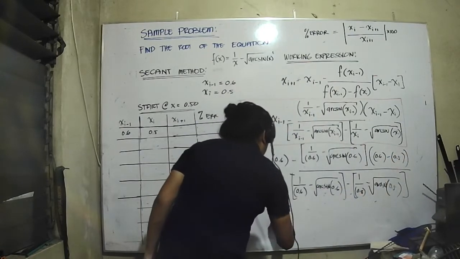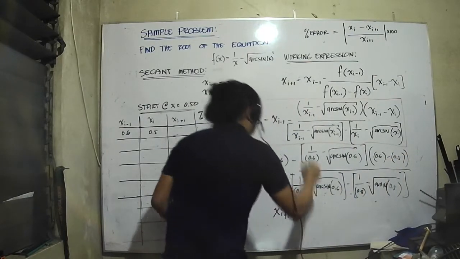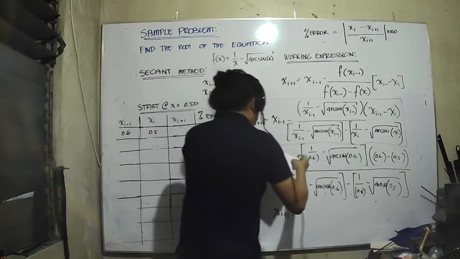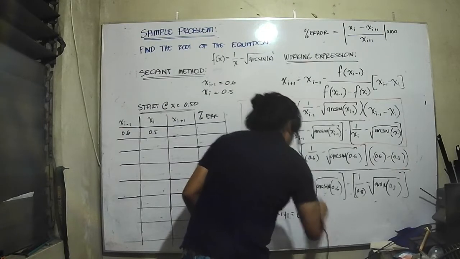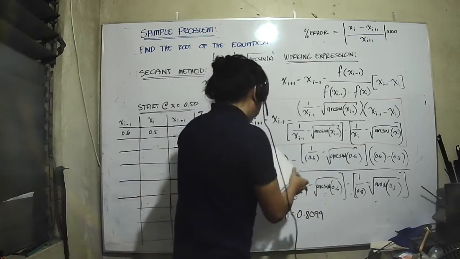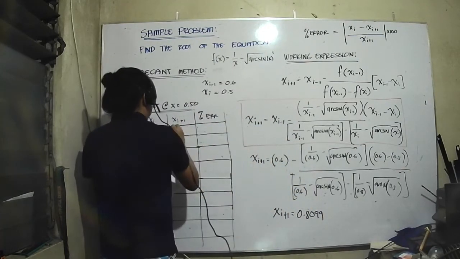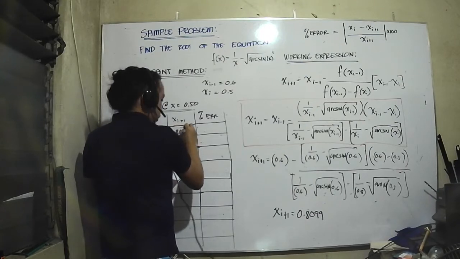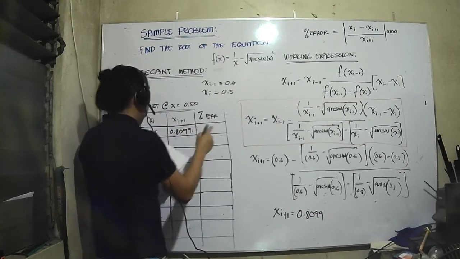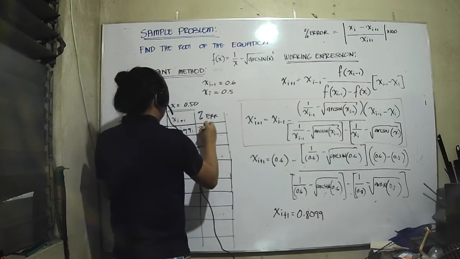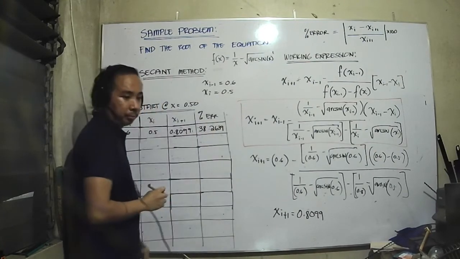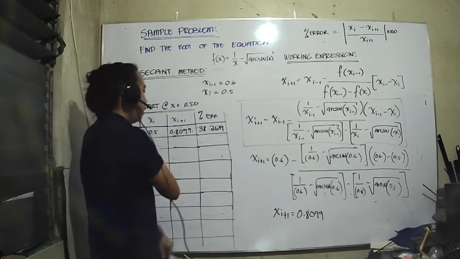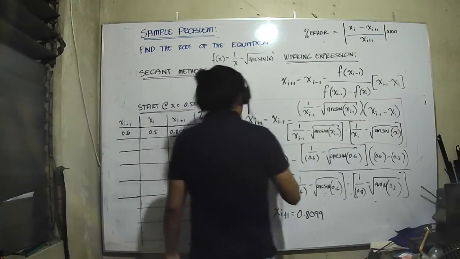What I would get here is equal to 0.8099. Okay? The percent error is around 38.2639%.